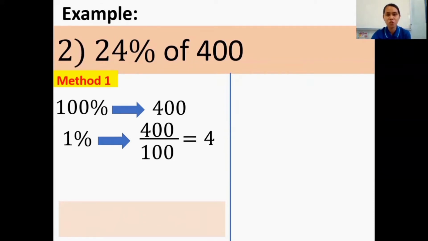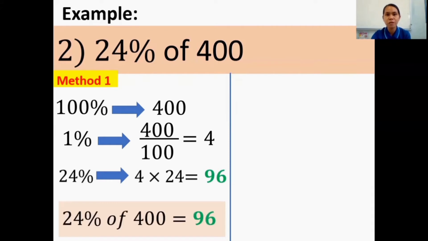Since we already have the 1% of 400, which is 4, we will multiply this by 24. So 4 times 24 is equal to 96. Therefore, 24% of 400 is equal to 96.